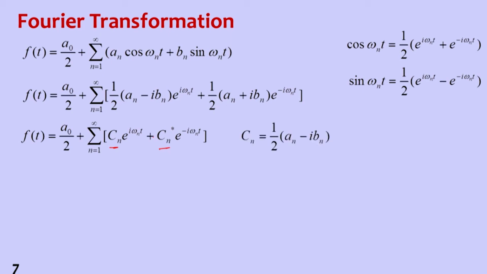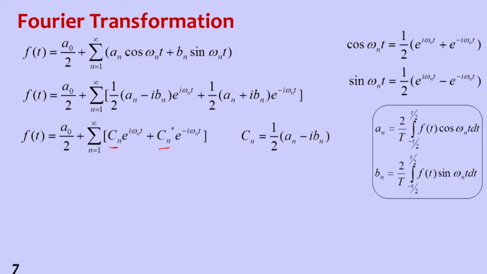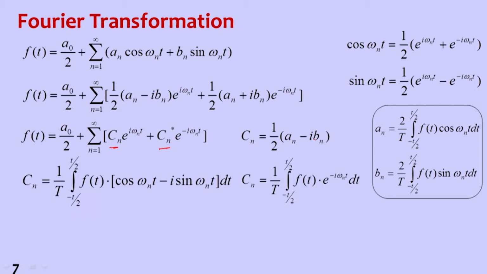Both can be added and represented in the form of Cn equal to 1 by 2 (an minus i bn). Here i bn is the imaginary part. We already know an and bn. If we substitute an and bn in this equation and evaluate it, we get the Cn value. So we can write f of t as a summation from minus infinity to plus infinity.